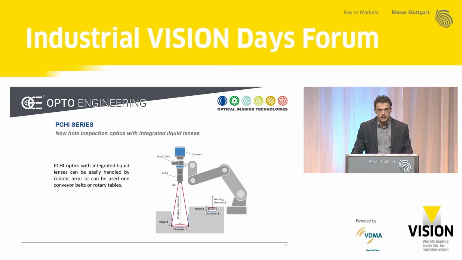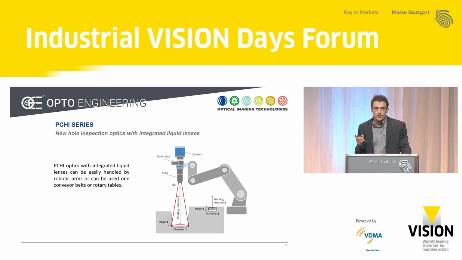Here you can see a simple scheme of the working principle of the refocusing mechanism. So by changing the working distance, you can change the actual field of view of the lens, allowing you to acquire different samples with a very fast refocusing mechanism.